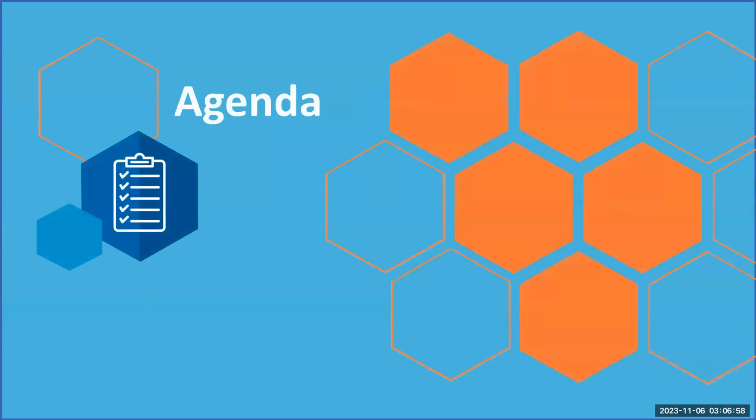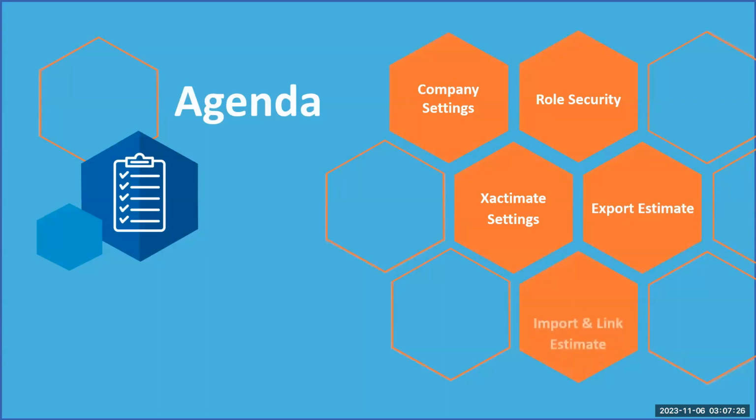Our agenda today will start off with the reviewing of the required setup in the PSA Proven Jobs database company settings, followed by the role security permissions that the users will need for the integration. We'll also take a look at the required setup of the third-party vendor exchange in Xactimate. And once all the setup is complete, we'll review how to export an Xactimate estimate to PSA Proven Jobs and import and link that estimate by creating a new job or attaching to an existing job.